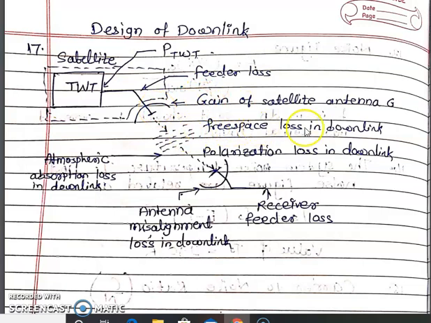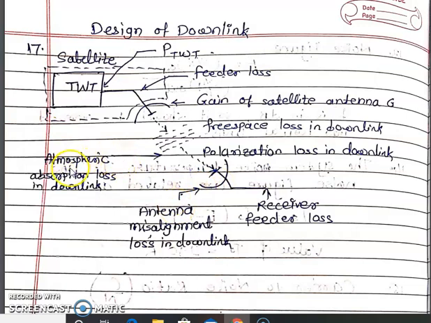Now the free space loss in the downlink: when radiation is radiated from the antenna through free space, whatever losses occur in free space are the free space loss in the downlink. Again, there is polarization loss in the downlink, and antenna misalignment loss in the downlink, that means the pattern misalignment at the receiver antenna side.